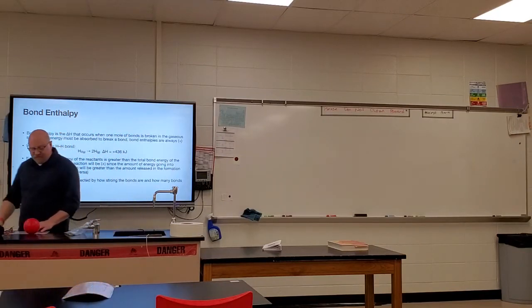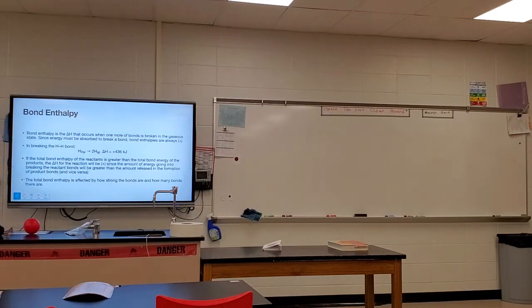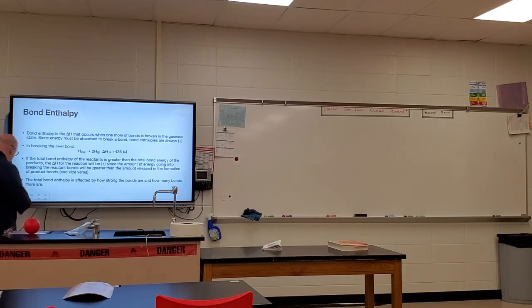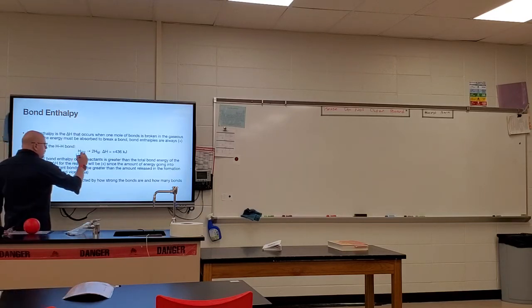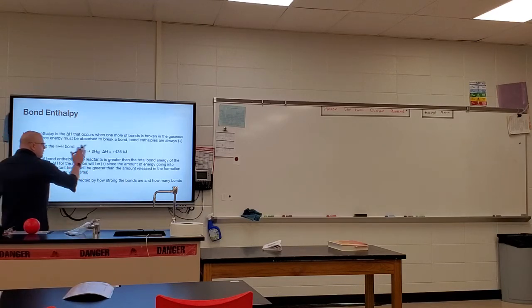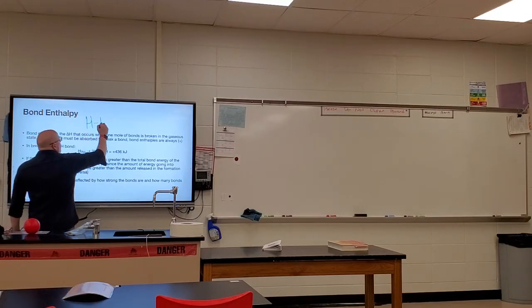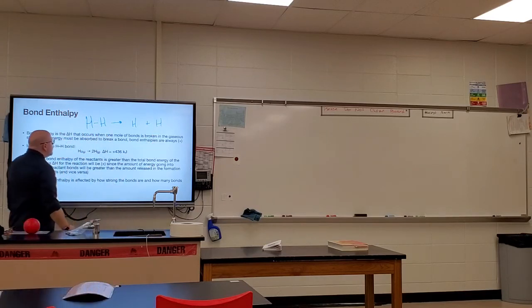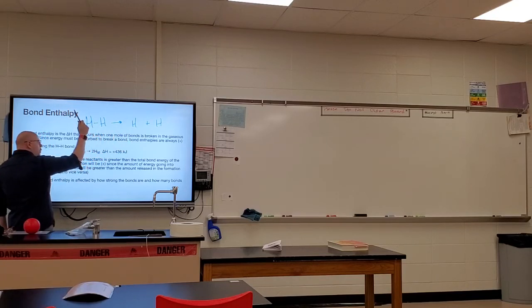All right. So this is one of those things, it's easier to see than to try to explain. I've got the notes up here. The only thing I will say is that this is essentially saying if we have a hydrogen molecule, two hydrogen atoms singly bonded to each other, this equation is saying we're breaking that bond.